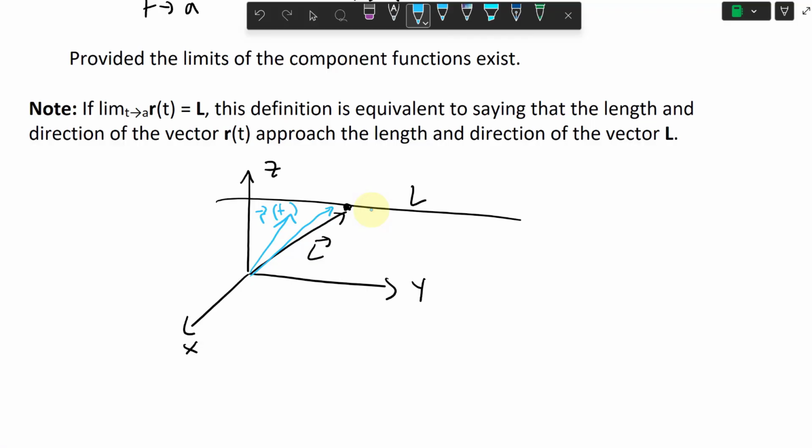This is r of t as t approaches a. Let's leave it like that.